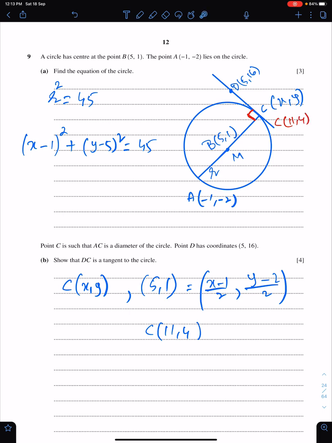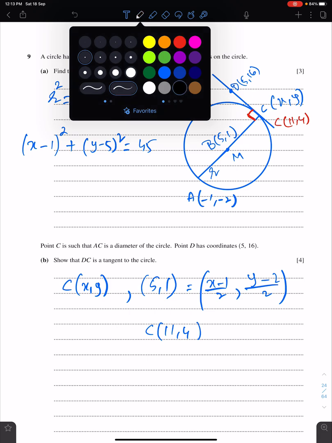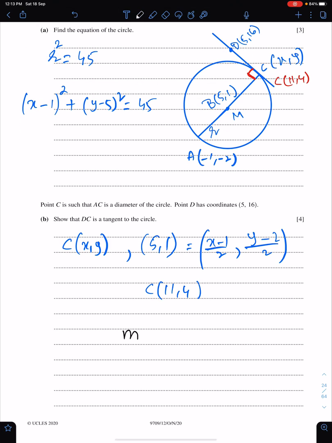We can easily prove this by finding the gradients of these two lines. To prove that this line is tangent to this circle, we just need to use the gradient of BC or AC and the gradient of CD. The product of these two gradients must be -1 if this line is tangent.